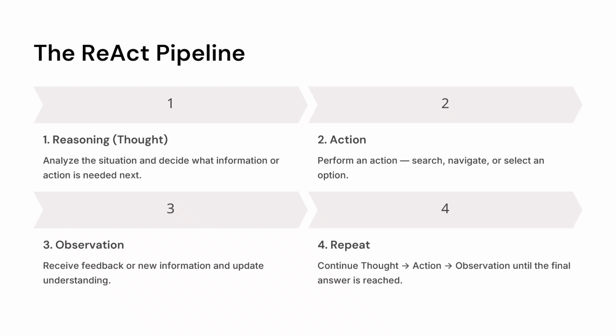For this, they had a Wikipedia API which was used to fetch the first five sentences of the article we wanted to search for. Thirdly, from the information it gets, it makes some observations and understands where it has reached. It then continues the cycle of thinking, acting, and observing until it reaches the final answer.